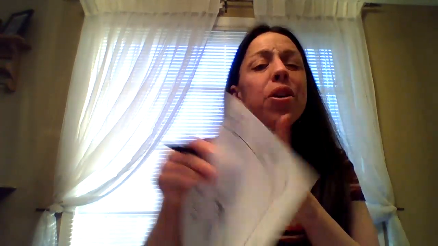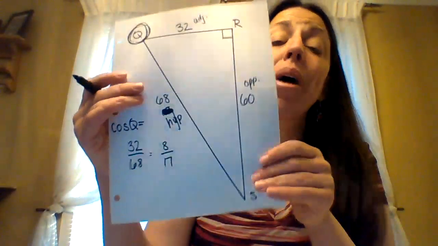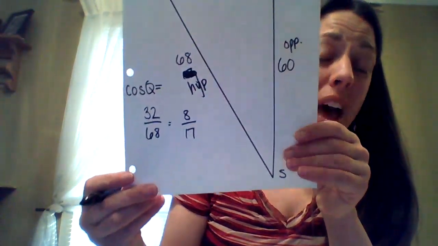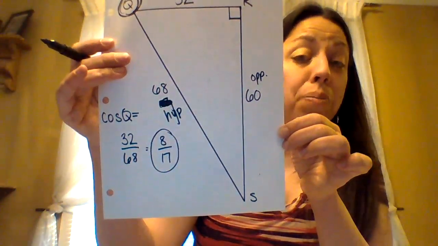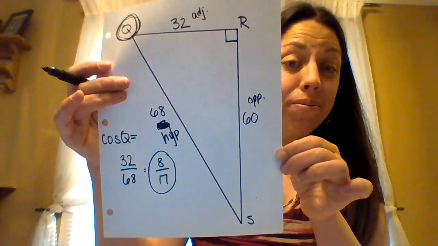They're actually both divisible by 4. So if you do 32 divided by 4, you get 8. 68 divided by 4 is 17. Now, if you didn't know that, you could have reduced by 2, but always reduce and make it as low as you can. So 8 over 17 cannot be reduced anymore. So our answer for example 2 would be 8 over 17.